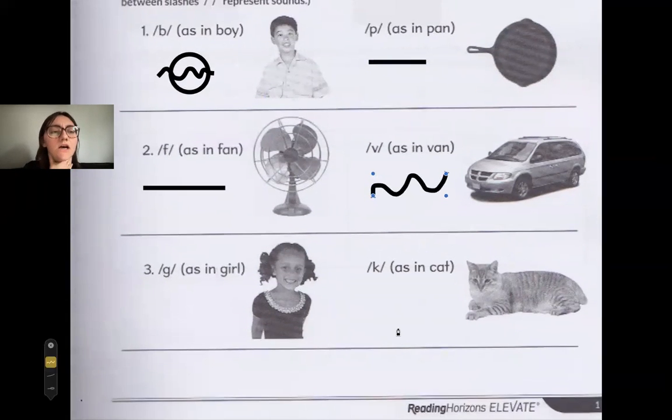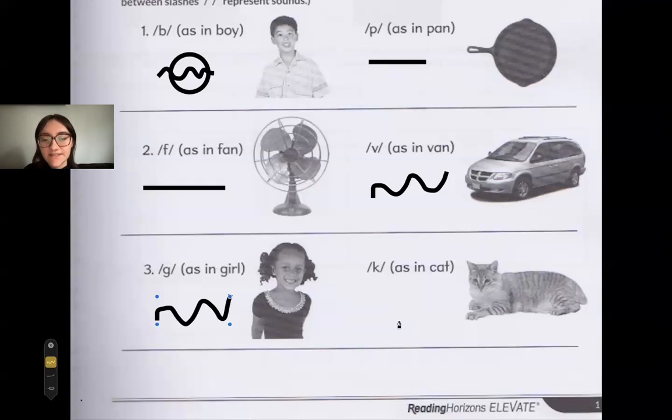The next thing: girl. It makes the vibration, g. So this one is voiced. Now what if we say k, like in cat?